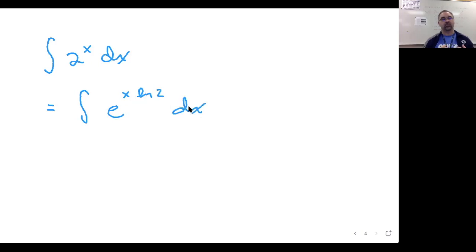And again, this is e to just some power. We normally would sub that power out. Well, really, what we're doing is we're saying, hey, let's write it out this time. If u is x times natural log of 2, then du is natural log of 2 dx. And so we don't have a natural log of 2 in our integrand here.